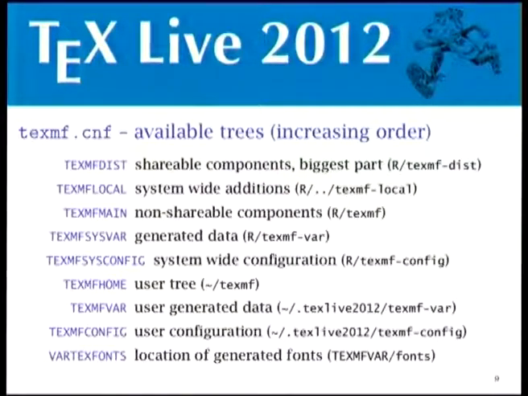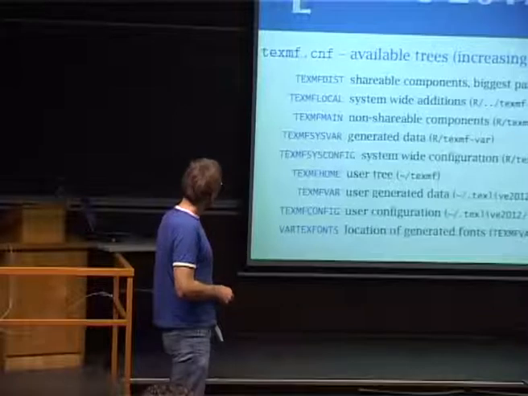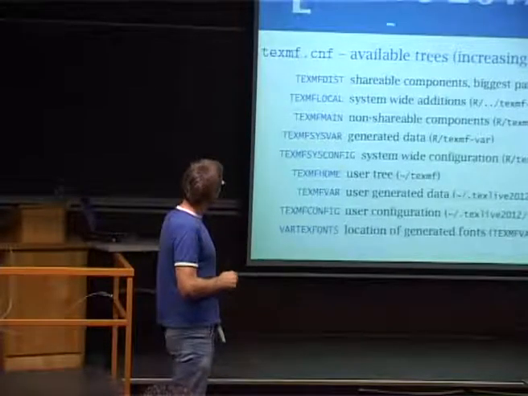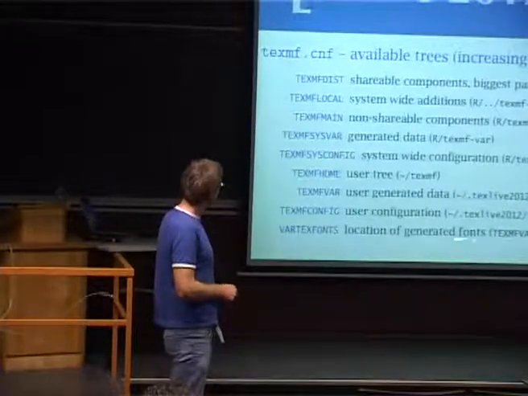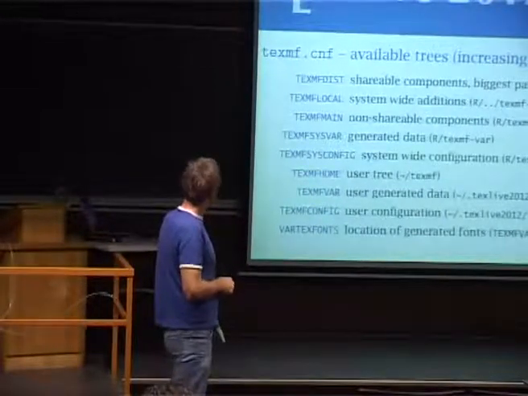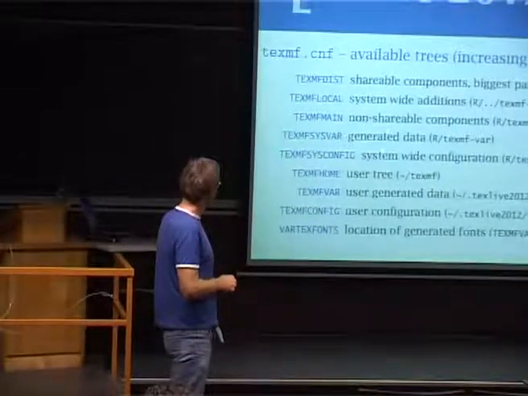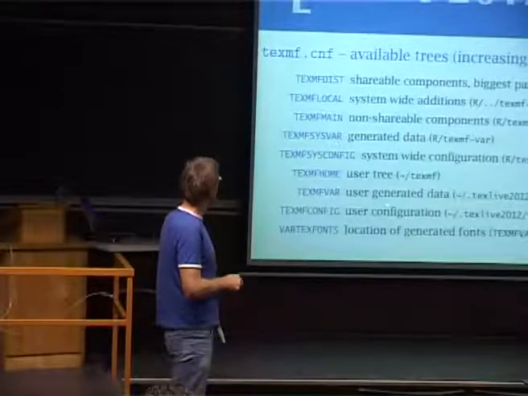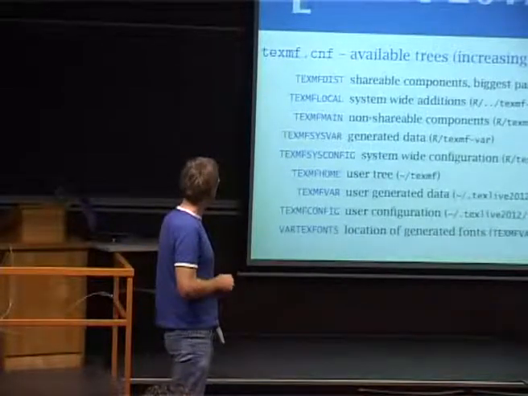Here, R is the root, which in the TeX Live system would be texmf 2012 at the moment. And they are in increasing order. This one here is the uppermost, and this is the lowest. So a file that is found here overrides a file that is found here.